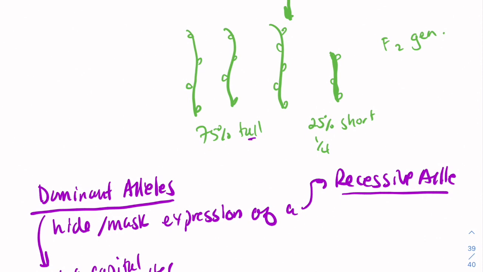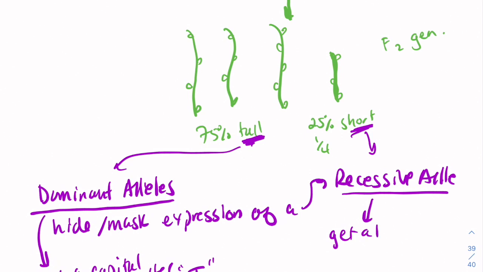Like for tallness, if tall is dominant over shortness, tall is the dominant allele, short is the recessive allele, I would give tallness a capital T. Recessive alleles get a lowercase version of the same letter. I'm not going to give it an S for short. I'm going to give it a T, but a lowercase t.